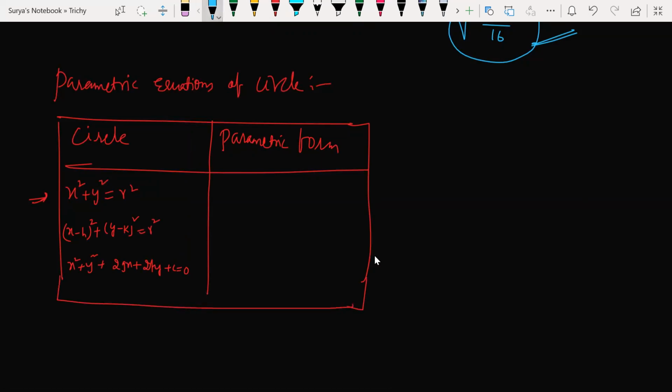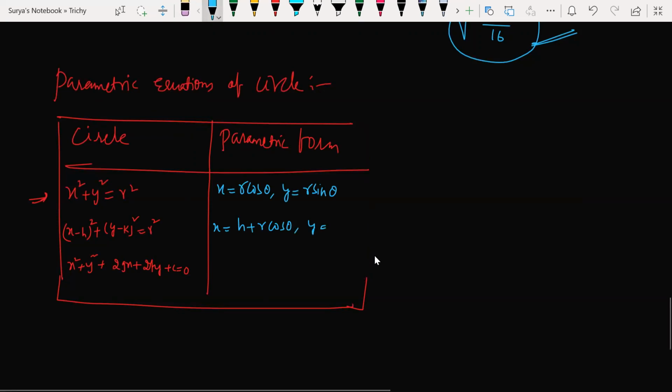What is a parametric form of this circle? Parametric form is nothing but writing x and y coordinate. X is equal to r cos theta and y is equal to r sin theta. ये कहाँ से मिला मुझे? Let me prove you. X is equal to h plus r cos theta and y is equal to h plus r sin theta.